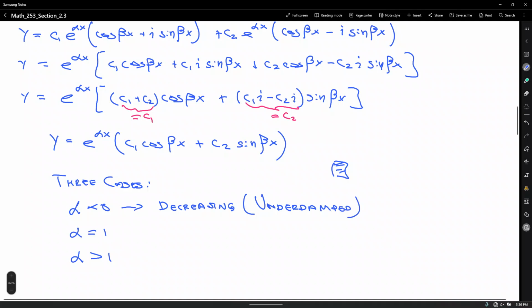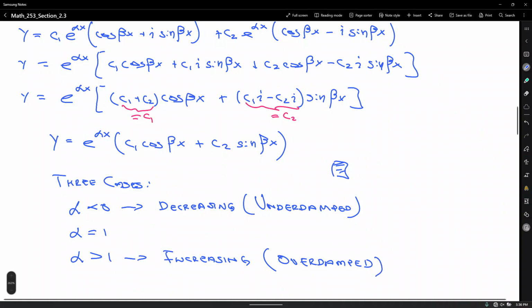If it's greater than 0, that's increasing, or overdamped. And while this is decreasing and increasing over time, we're talking about oscillations.